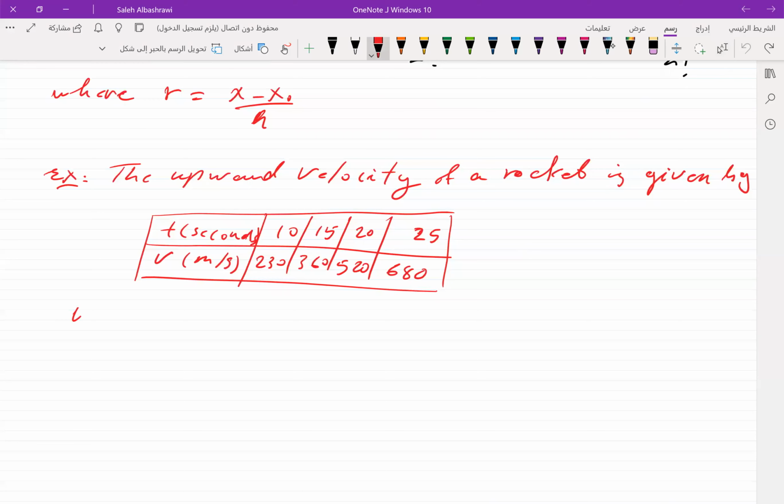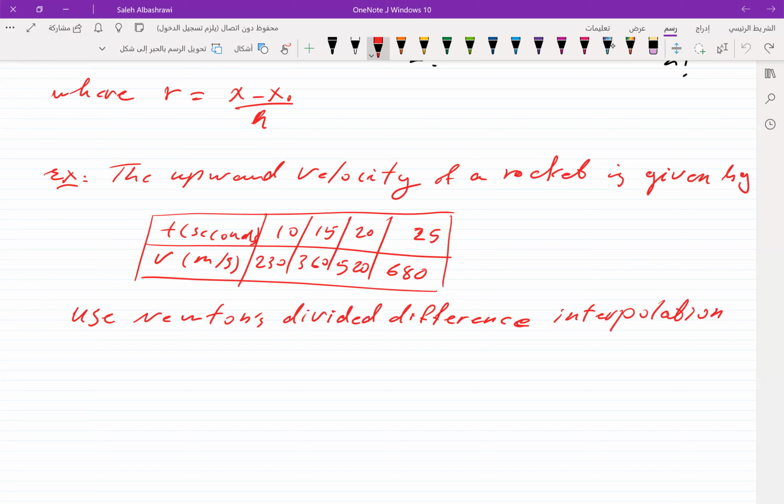We need to use Newton's divided difference interpolation to evaluate t equal to 16 seconds.